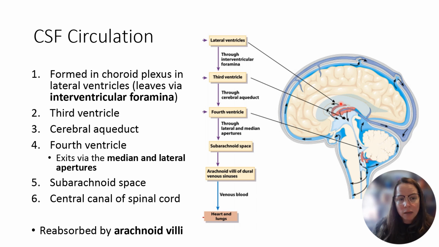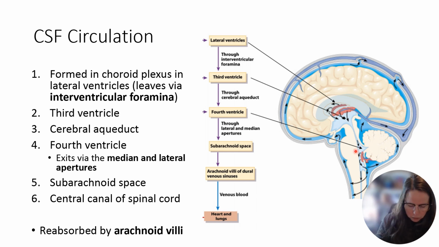So if we start at the choroid plexus in the lateral ventricles, the fluid is going to go into the lateral ventricles and then exit through holes that we call interventricular foramina, okay, which are kind of these little holes in the ventricles that are going to allow it to escape and go down into your 3rd ventricle. The 3rd ventricle is going to flow into the cerebral aqueduct and go into that 4th ventricle right here.